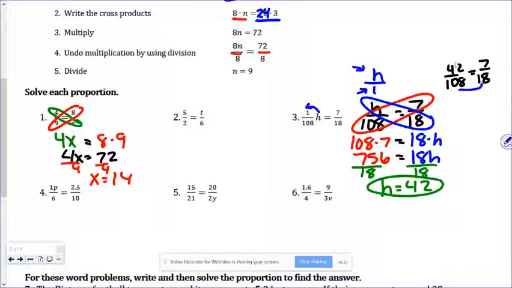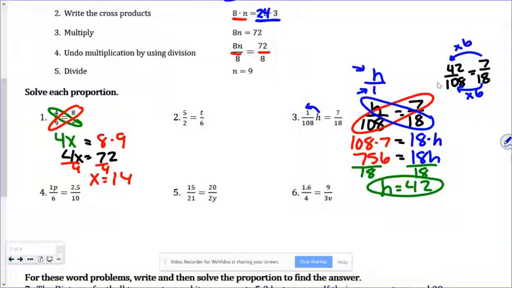Just a quick check here. I can do 18 times 6 equals 108. Then 7 times 6 also gives me 42. That means this fraction on the right and the fraction on the left are equal. They're just multiples of each other. That's the whole point of this proportion. We're just trying to find this missing number to make the two fractions equal.